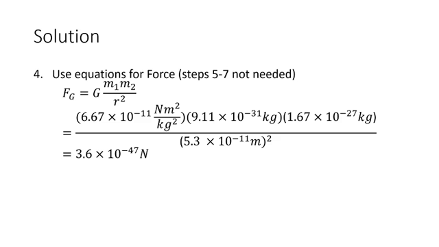Then we need the equation for force. The gravitational force is just Newton's law of universal gravitation, G m1 m2 over r squared. Just plug in those values, and you get this ridiculously small number, 3.6 times 10 to the minus 47 newtons. But now we want to compare that to the electric force.